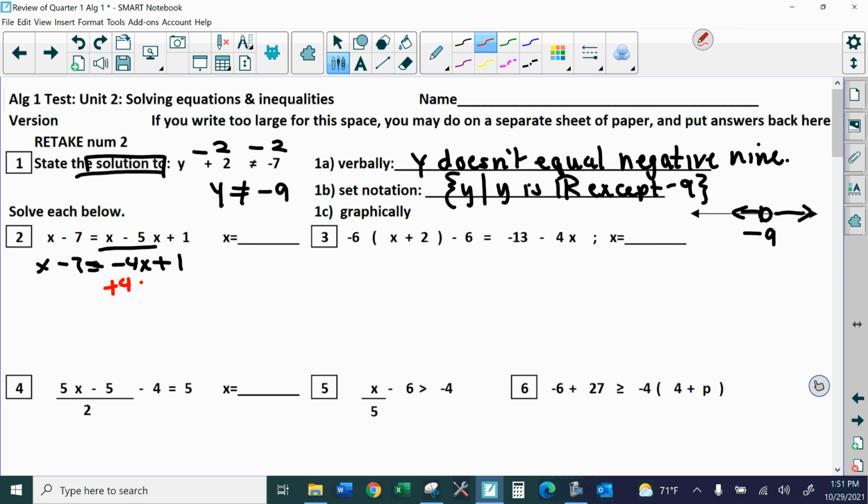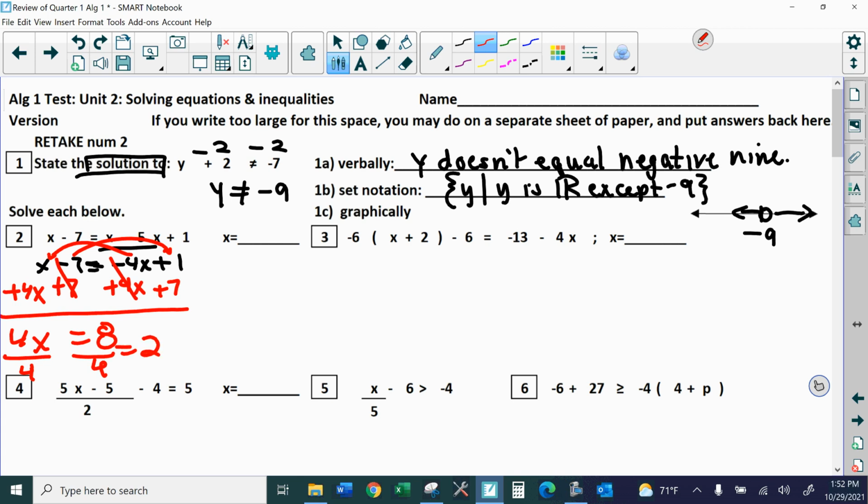We're adding or subtracting, and we line it up under like terms. So that went there. Since the variable is going to the left, the constant has to go to the right. The opposite of negative 7 is plus 7. Okay, and I get 4x equals, that cancels out, 7 plus 1 is 8. Last step, divide by 4, and 8 divided by 4 is 2.